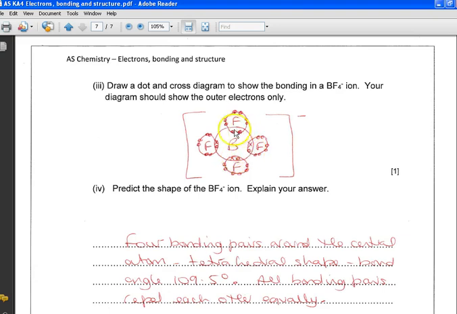And here, obviously, we've got the dative bond, haven't we? Where fluorine is donating both electrons. It's a minus ion, so there must be an extra electron in there. So this has got 8 electrons rather than 7. Otherwise, it wouldn't be minus. And don't forget that you have to show an ion with square brackets and the charge.